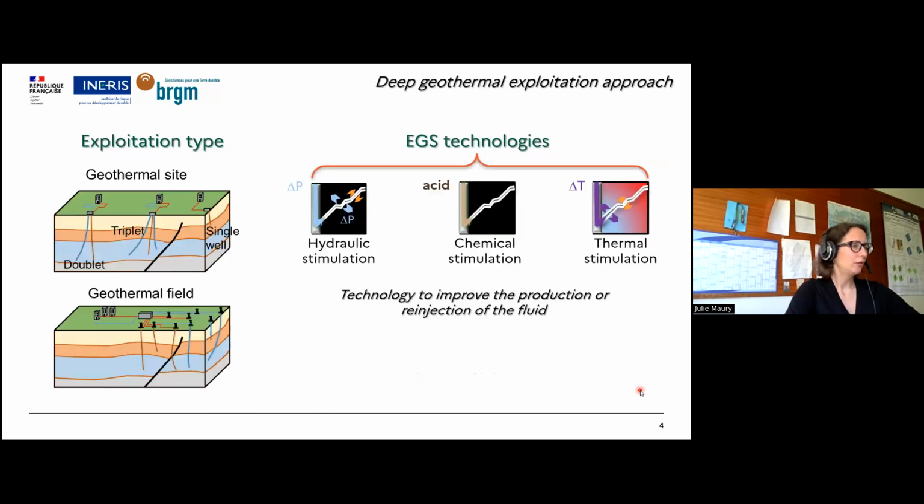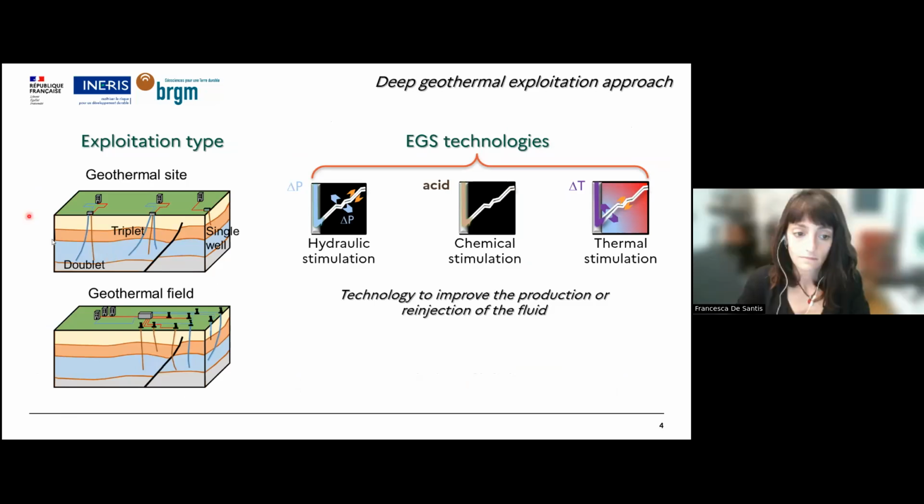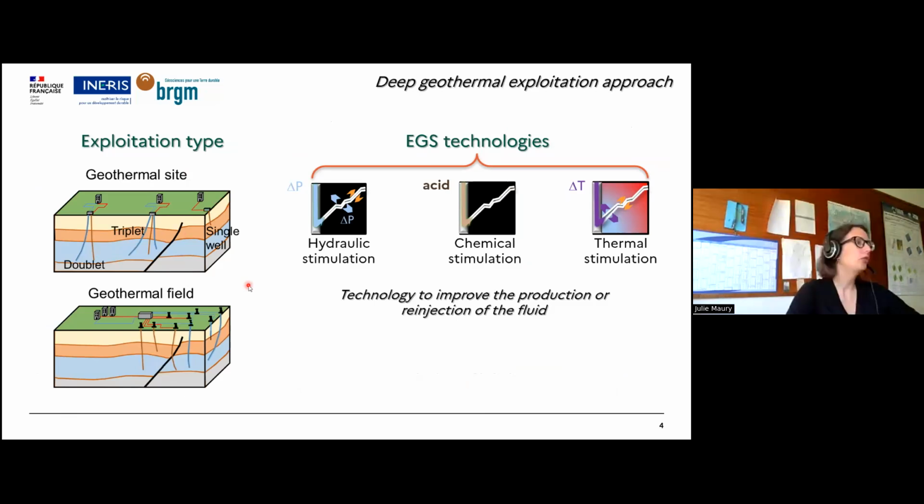Then if you go to the next slide, we also have some definitions about exploitation approach. We separate two exploitation types: the geothermal site, that consists of one production well and two or three reinjection wells, and also the geothermal field, where there are many injection and production wells, such as in oil and gas, for example.